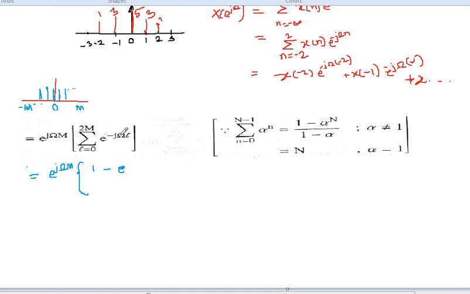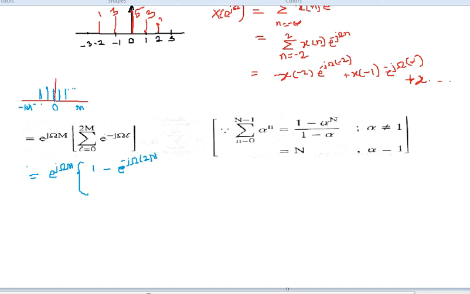e to the power minus j omega. In place of n, L is there. So if N minus 1 is there, it would be N. Now here we have 2M, so it becomes 2M plus 1.